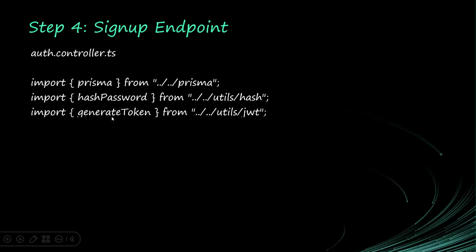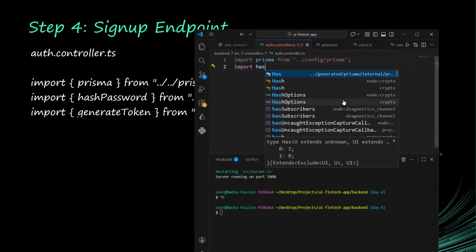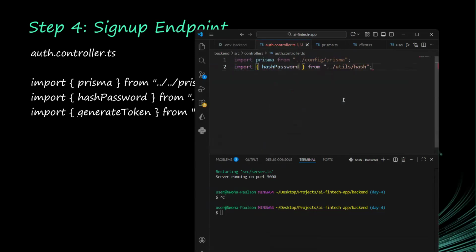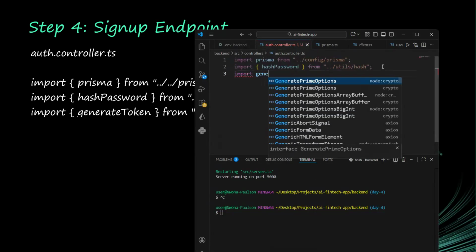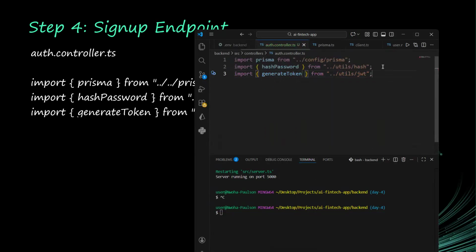We're also going to be using generate token. We import hashPassword and generateToken. These are utility functions that we have already defined once, and we can reuse them.